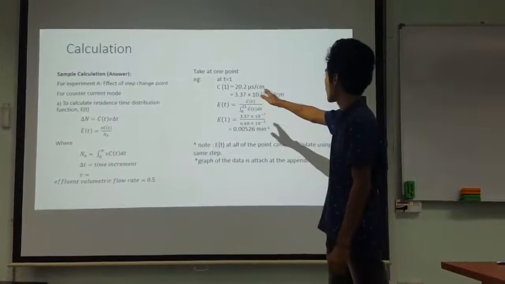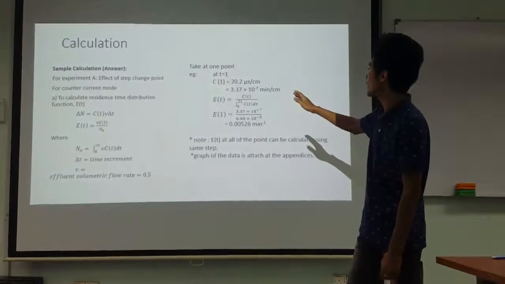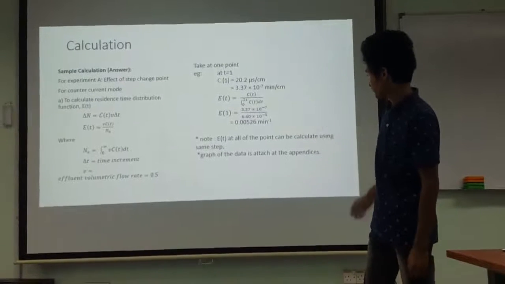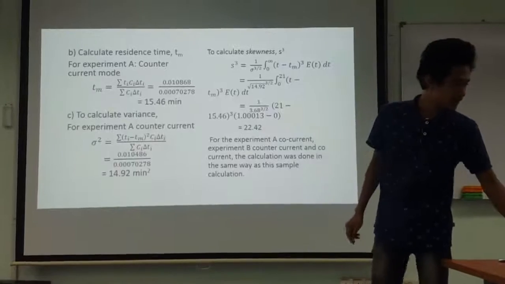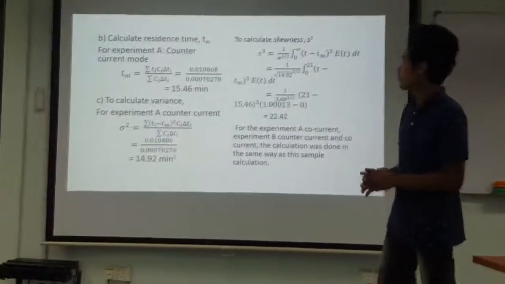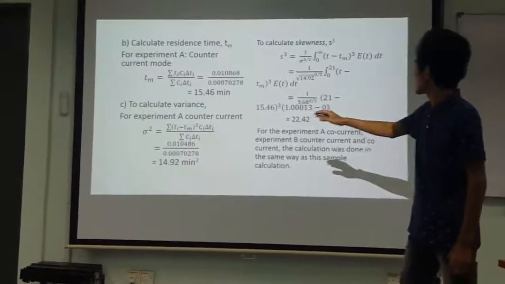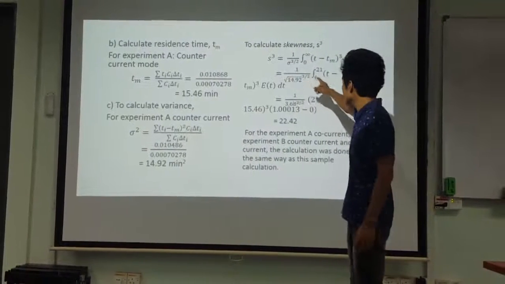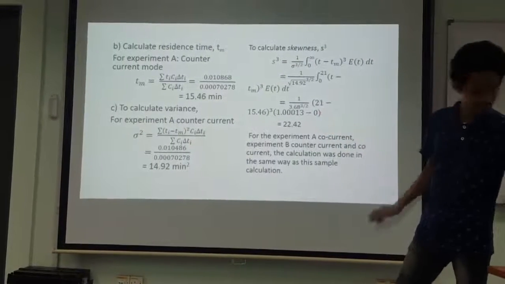We take one point and find the C. For example, we take t equals 1, input the conductivity, and then you find the E. For the residence time, we use this formula, and for the variance, we use this formula. This is how we calculate the skewness using the formula S3. Just input everything. This is the technical part.